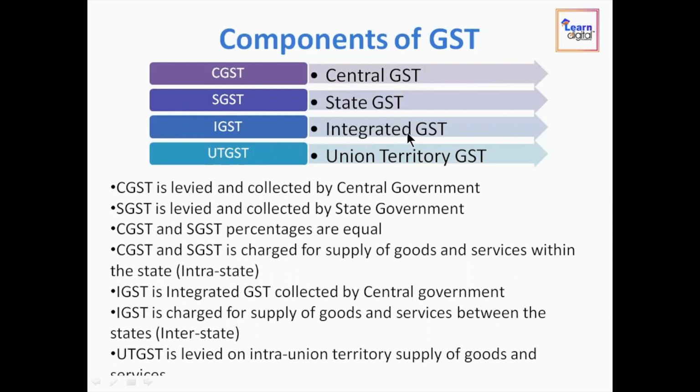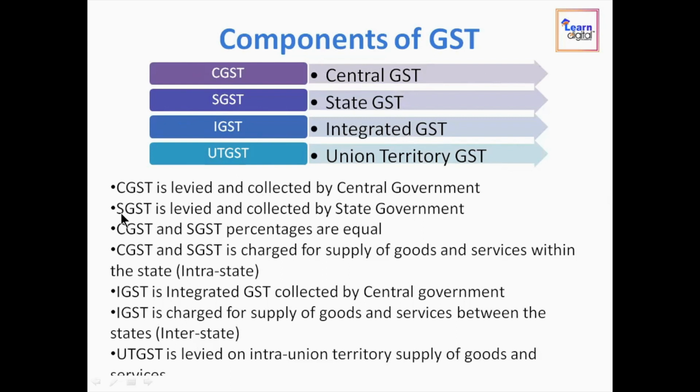IGST means Integrated GST, while UTGST is Union Territory GST. So let's have a brief discussion on all these components of GST. CGST, that is Central GST, is levied and collected by the central government. So C stands for central. So the central government collects CGST.